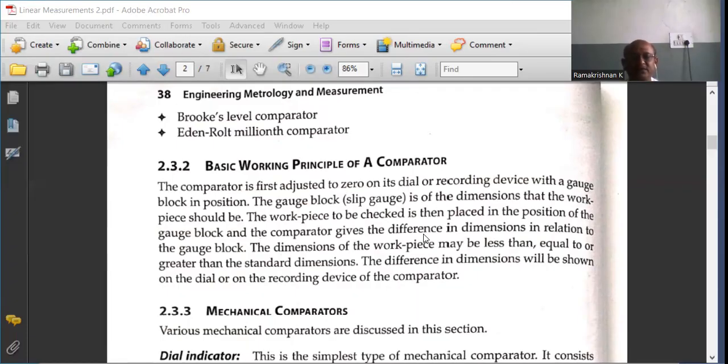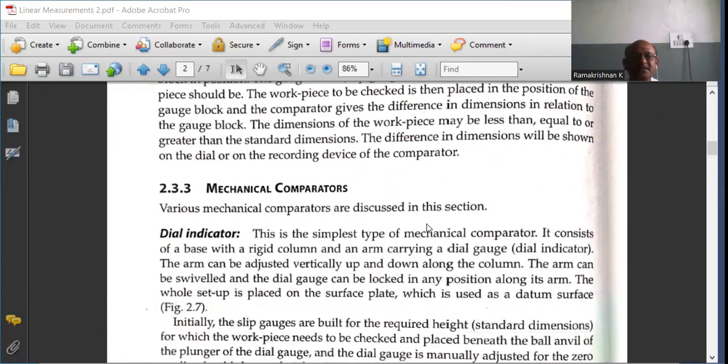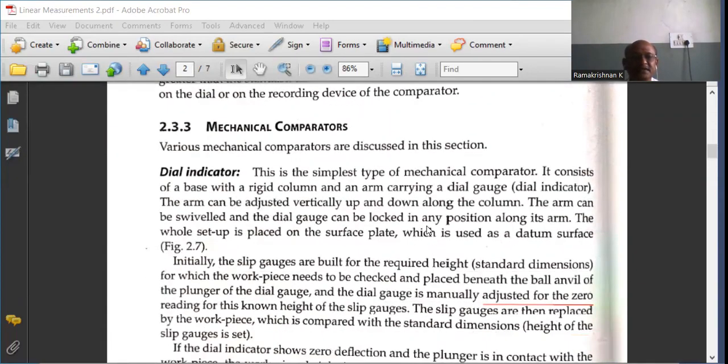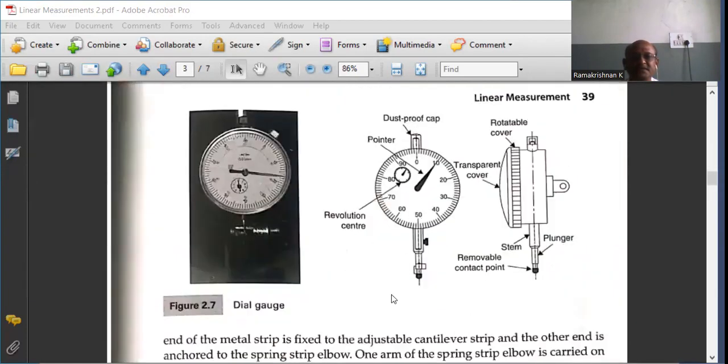Now we look into the mechanical comparator. First, we deal with the dial indicator. The diagram shows the dial gauge, the simplest type of mechanical comparator. The dial indicator consists of a base and a rigid column.